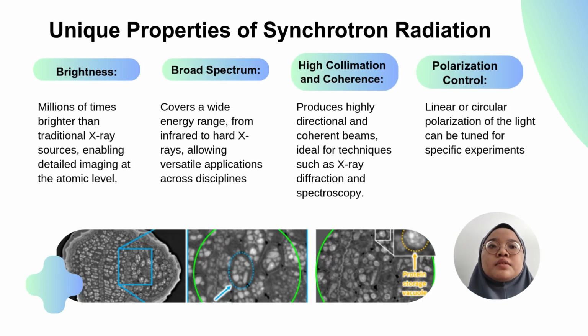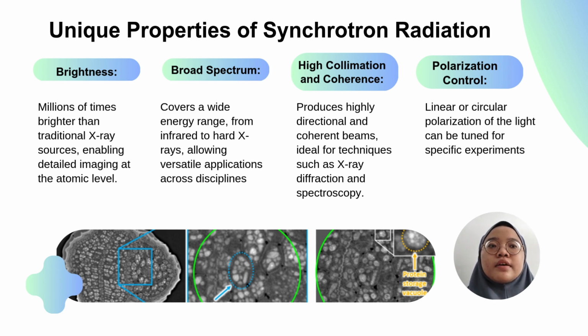Synchrotron radiation shows unique properties. The first one is its brightness. It is millions of times brighter than traditional X-ray sources, enabling detailed imaging at an atomic level. It also has a broad spectrum that covers a wide energy range from infrared to hard X-ray, allowing versatile application across disciplines.